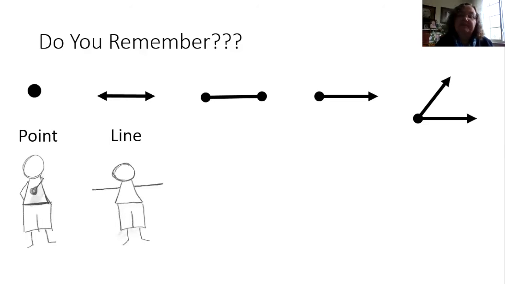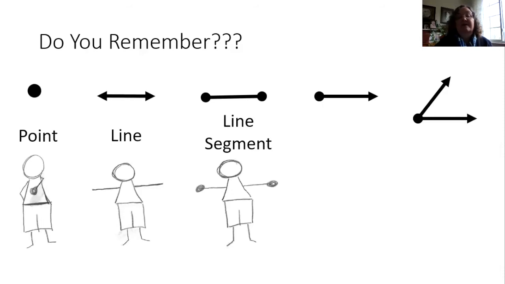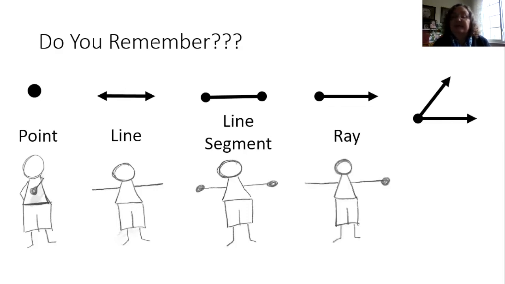What's the next one? You're right, that's called a line segment. Do you remember how we showed it with our body? We had our hands out at our sides again, but this time we had our hands as a fist, so it showed the end points. What's that next one called? A ray. You're right. And how did we show it with our body?